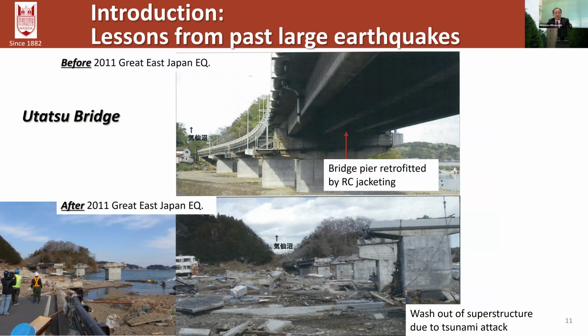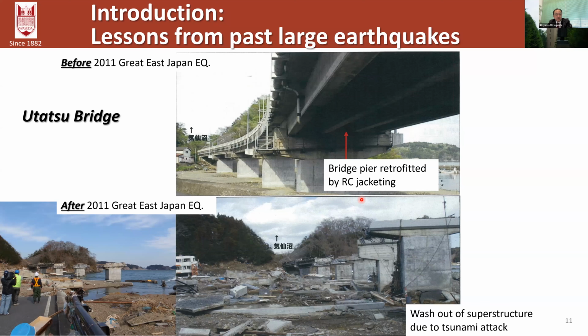Field investigations conducted after the 2011 Great East Japan earthquake and the 2016 Kumamoto earthquake confirmed that several bridges were severely damaged and collapsed, not only due to ground motion, but also due to the subsequent tsunami, landslide, or fault displacement. These pictures were taken before and after the 2011 Great East Japan earthquake.